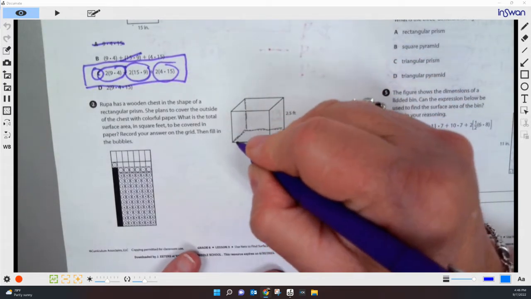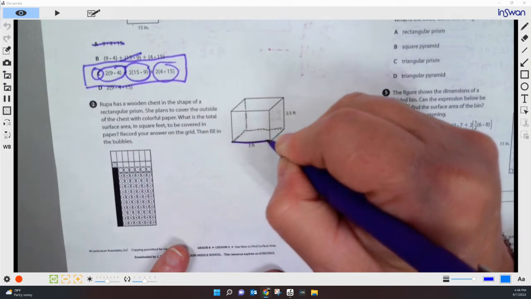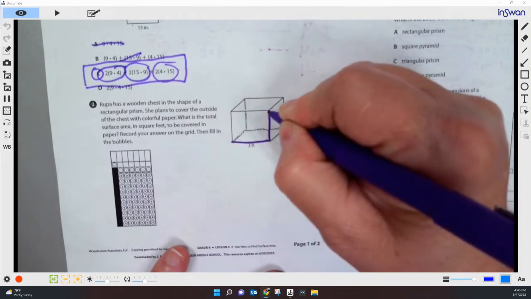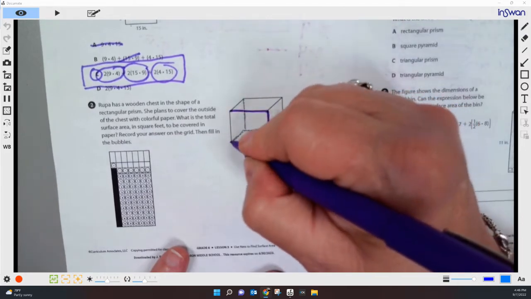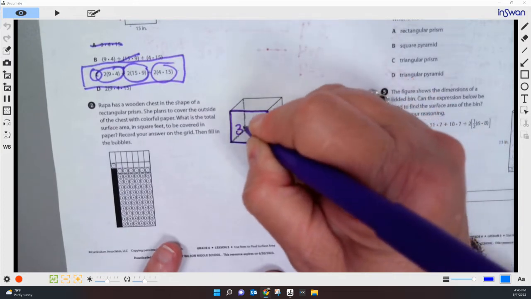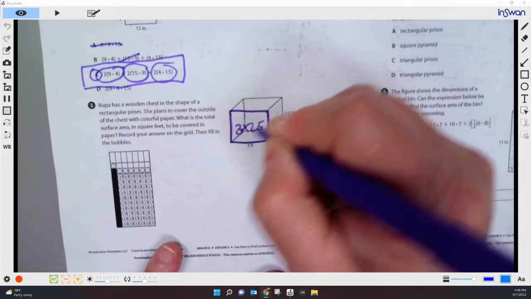If I look at this side, it is 3 foot by 2.5 foot. All of these lines are 2.5 foot. So that one rectangle that represents the front and the back is going to be 3 times 2.5.